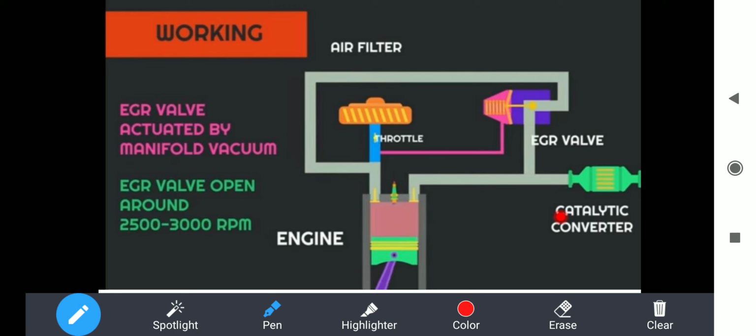When the engine is running at high speed, that is 2500 rpm to 3000 rpm, the movement of the piston within the block is very high, the stroke speeds are very high, and the valve timing is also very high. At this moment there are many possibilities of incomplete combustion of the fuel, or some of the fuel being left unburned.